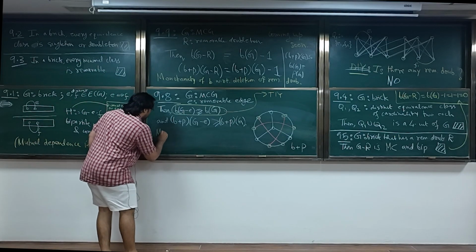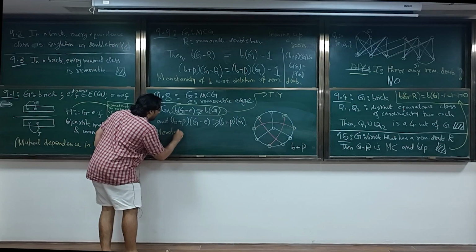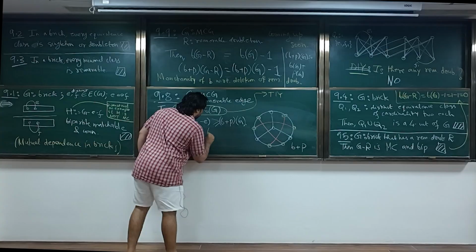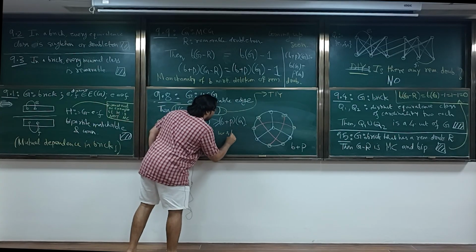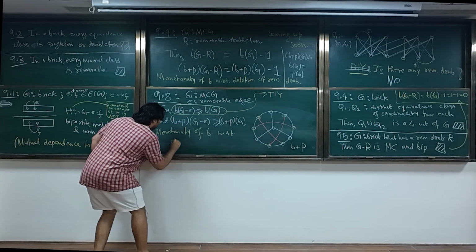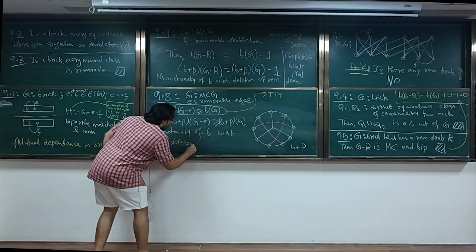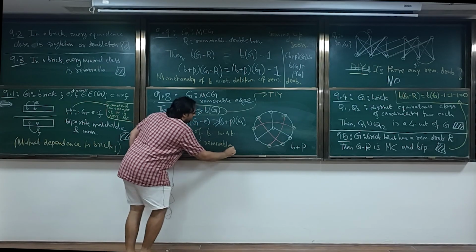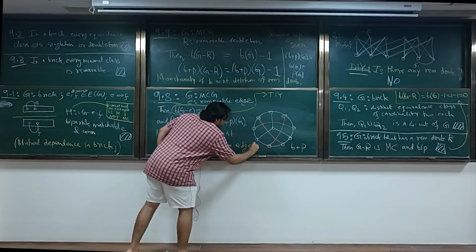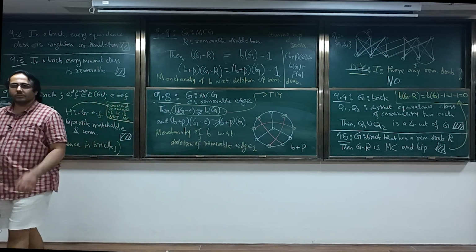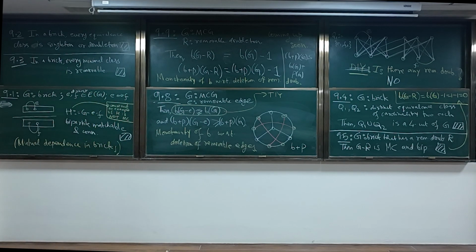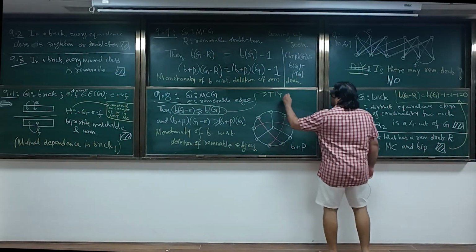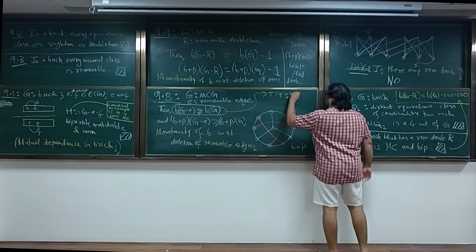This is monotonicity of B with respect to deletion of removable edges. In the proof, note that for bricks we are already done.